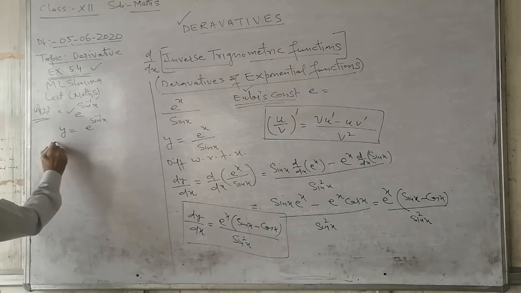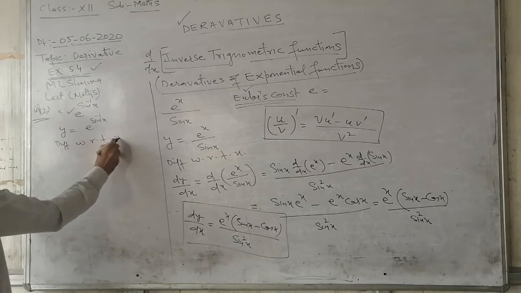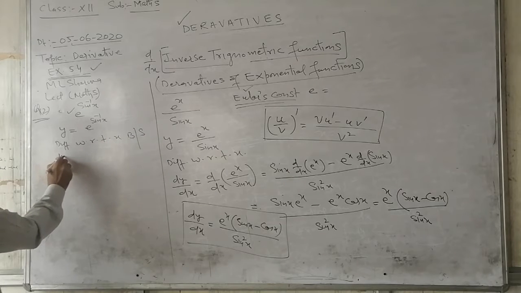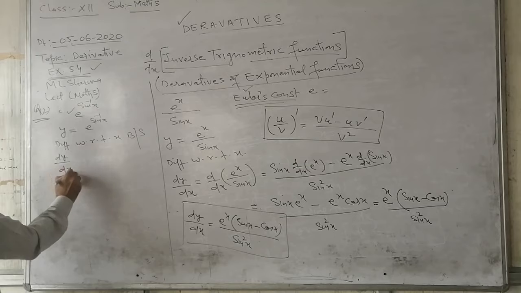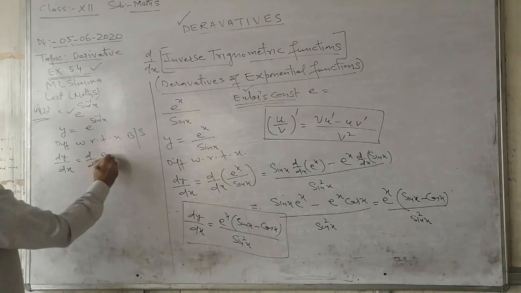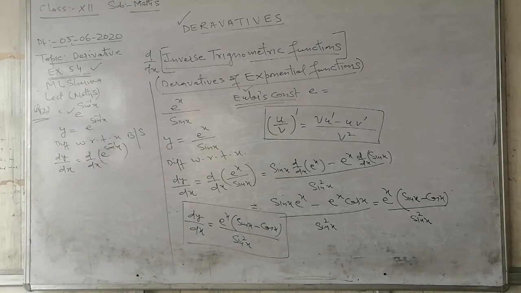So again, differentiating with respect to x both sides. So dy upon dx will equal to d upon dx of e raised to power sine inverse x.